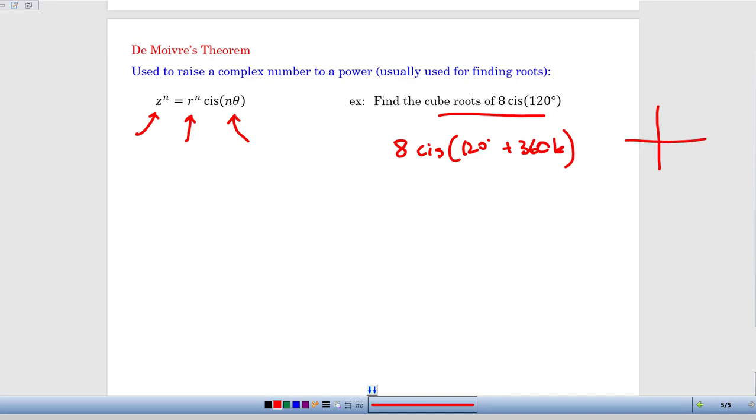Because if we have our complex number here rotating some angle theta, if we add or subtract an extra revolution, we're going to end up at that same location.